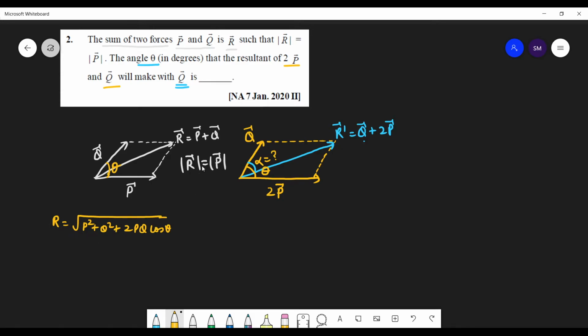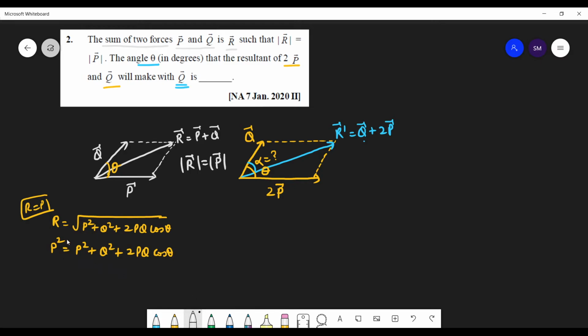And this R is also equal to P. So squaring both sides and putting R equal to P, P square is equal to P square plus Q square plus 2PQ cos theta.